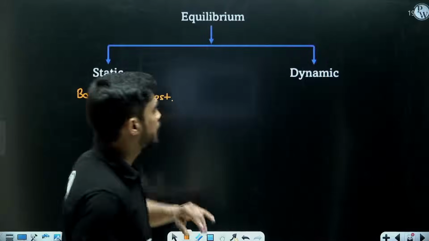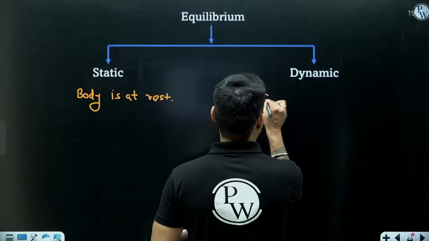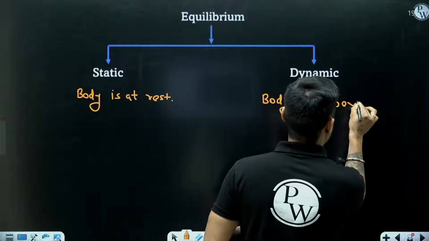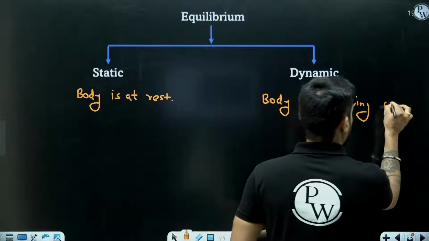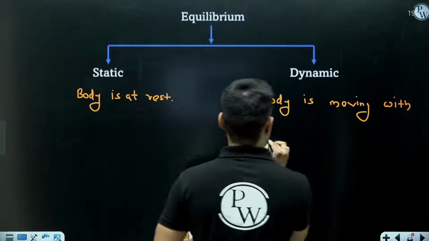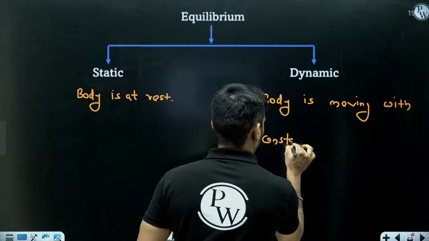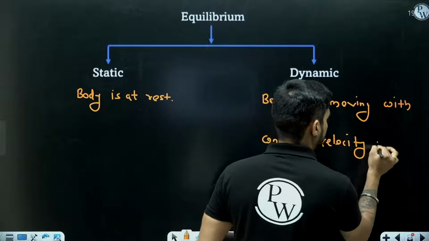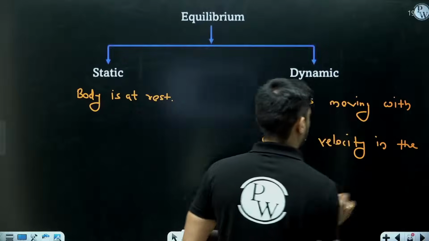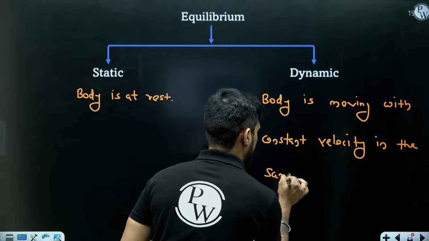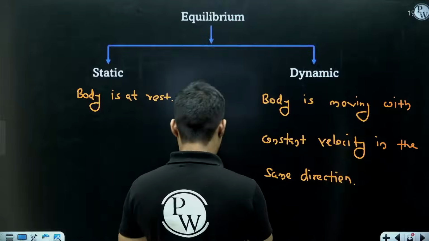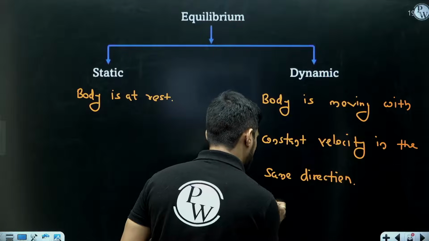So dynamic equilibrium means the body is moving with constant velocity in the same direction. Okay, acceleration is 0.